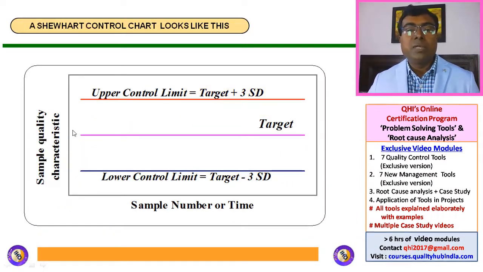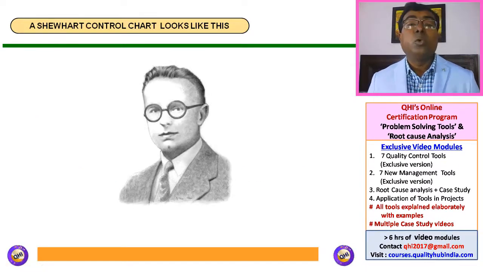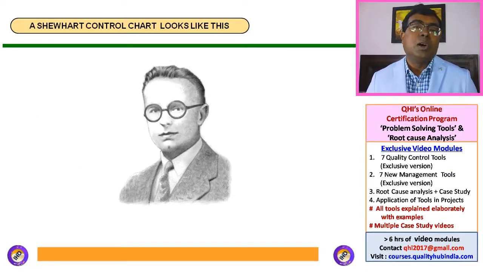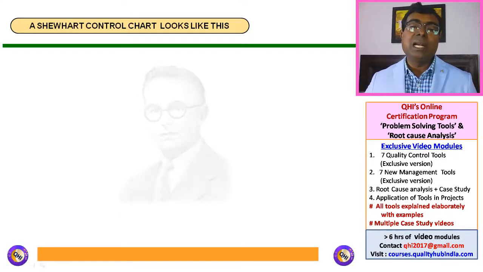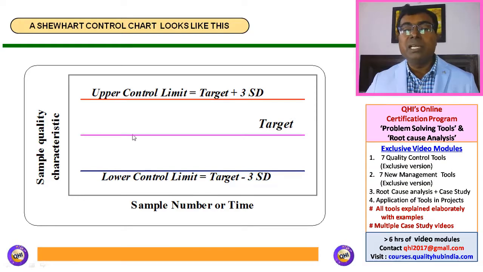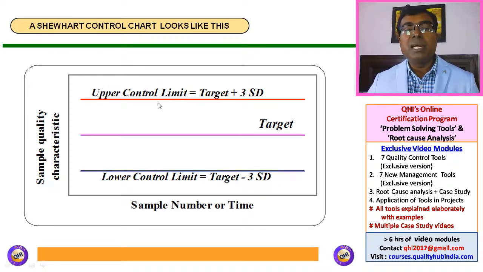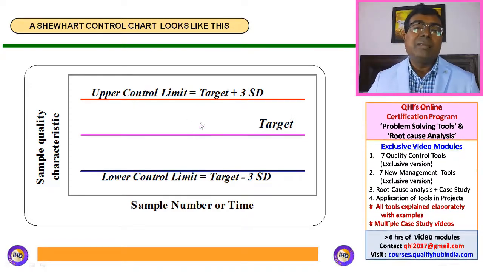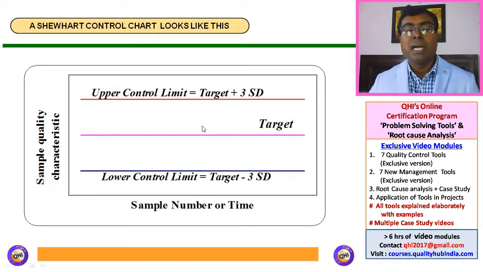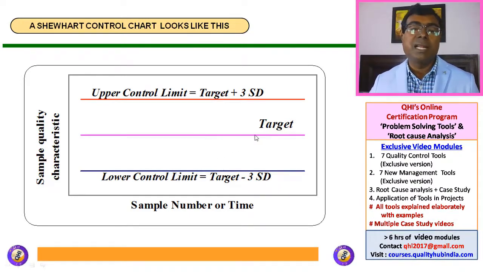Friends, the control chart which you are seeing here was developed by Walter Shewhart, who is also popularly known as the guru of Deming. A typical control chart will look like this, and it will have a central line, which is also called a target line. You will have an upper control limit and a lower control limit. The upper control limit will be 3 standard deviations above the target value and the lower control limit will be 3 standard deviations below the target value.